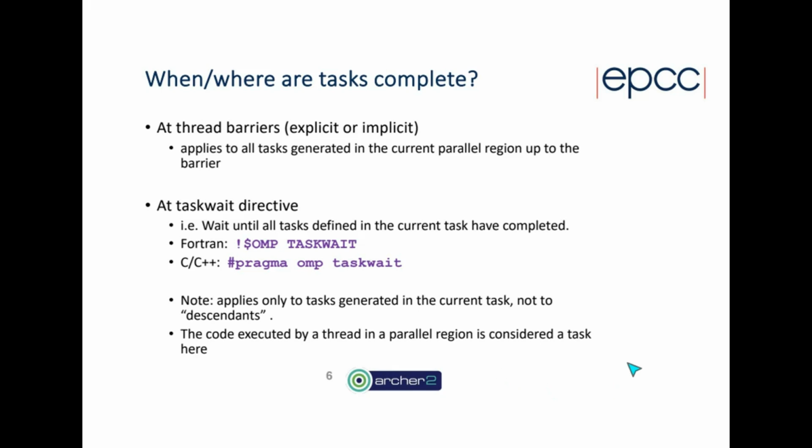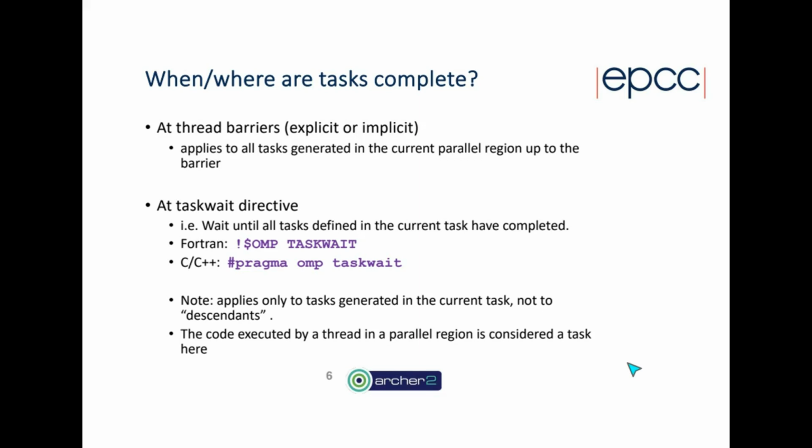So that leads us to the question: if tasks just get executed at some point in the future, how do we know when, or where in the program, we can guarantee that tasks have been completed? There are several ways of forcing task completion, or waiting for previously generated tasks to complete. First of all is at thread barriers.